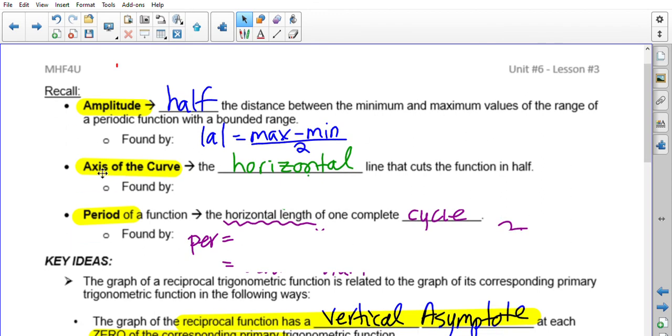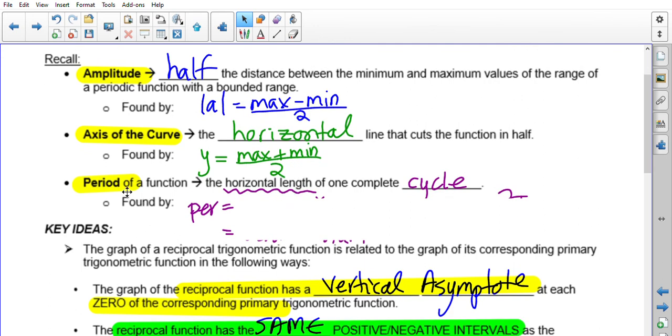The axis of the curve is the horizontal line that cuts the function in half. It's always y equals max plus min divided by 2, to find the halfway point.